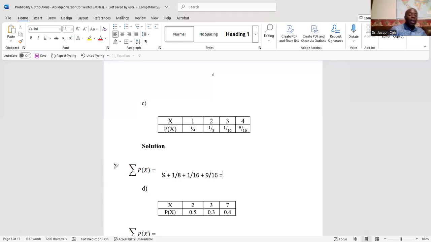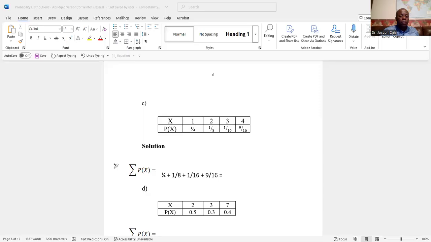Let me write this down so we can add them. 1 over 4 plus 1 over 8 plus 1 over 16 plus 9 over 16. So let's go and add this, and see if it gives us 1 or not.